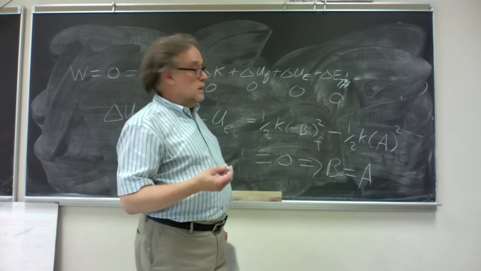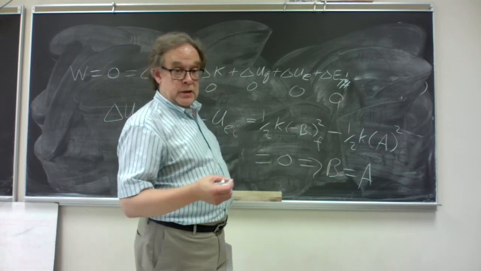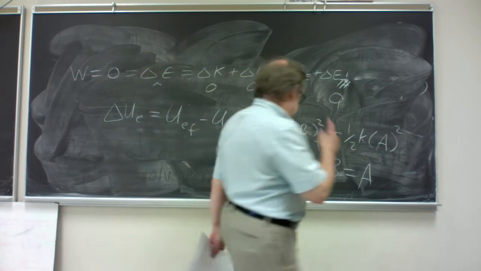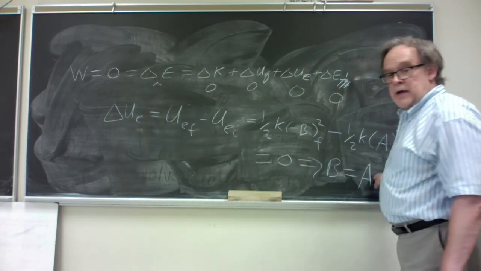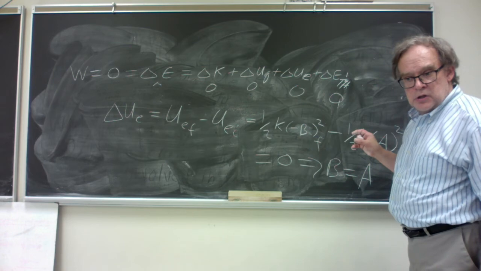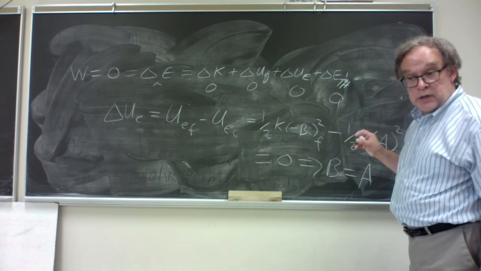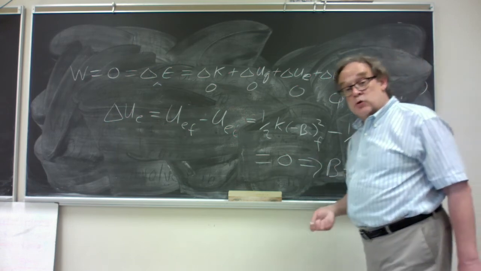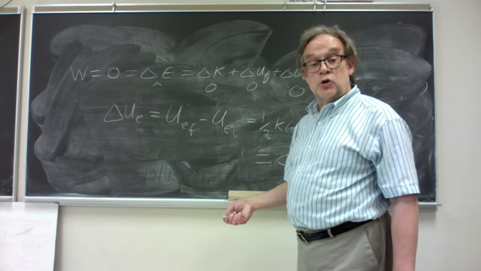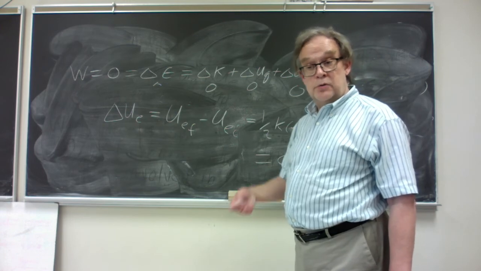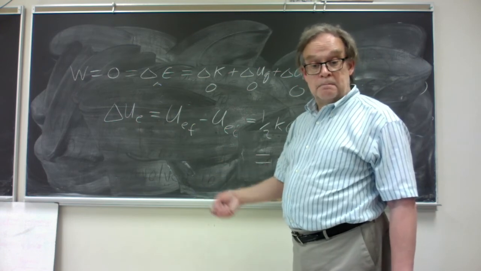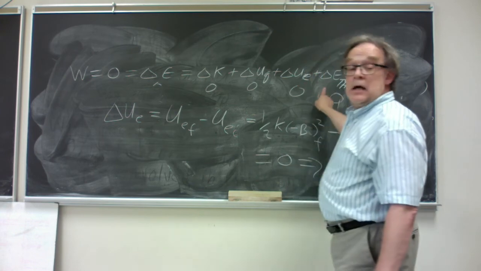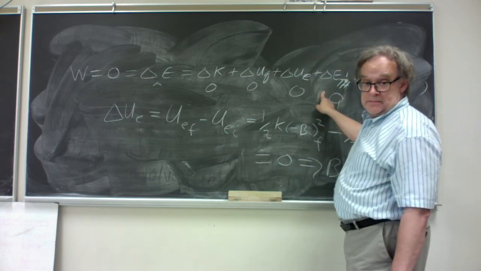Not surprising, but what that does tell us is that if we think of A as just the initial distance by which you stretched the spring in the first place to start the oscillations, then that initial stretch will determine the amplitude from there on, as long as there's no friction.